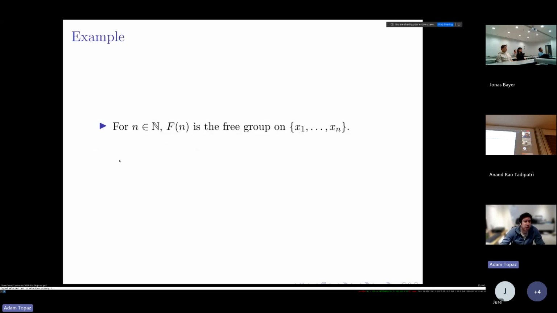For a natural number n, I'm going to consider Fn. This is just the free group on n letters, and for whatever reason, I chose x1 to xn for those letters. Just the usual notion of a free group.